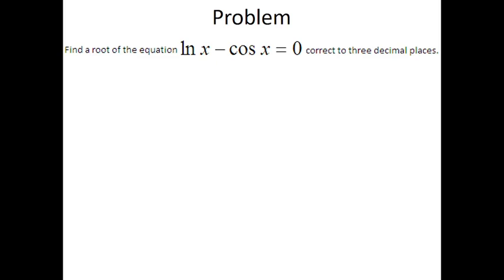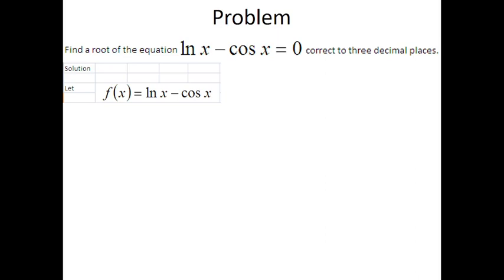So this is a transcendental equation involving a logarithmic function ln x and a trigonometric function cosine x. So this is now a transcendental equation. No? Okay, of course, it's hard for us to determine x using algebra. No. So we're gonna use numerical methods.